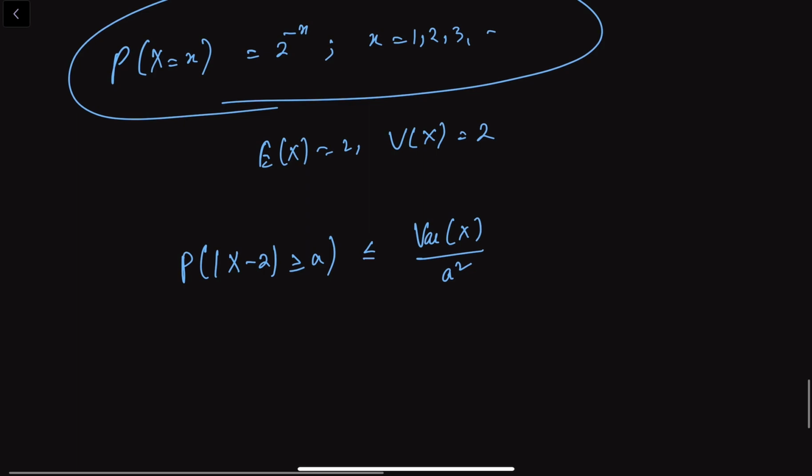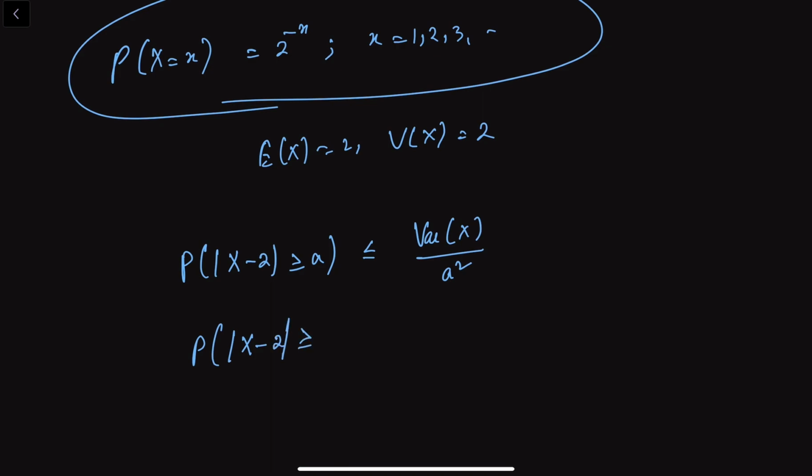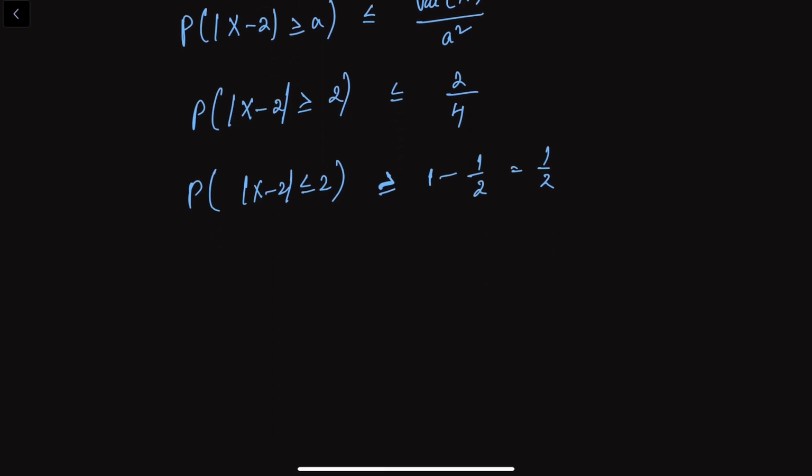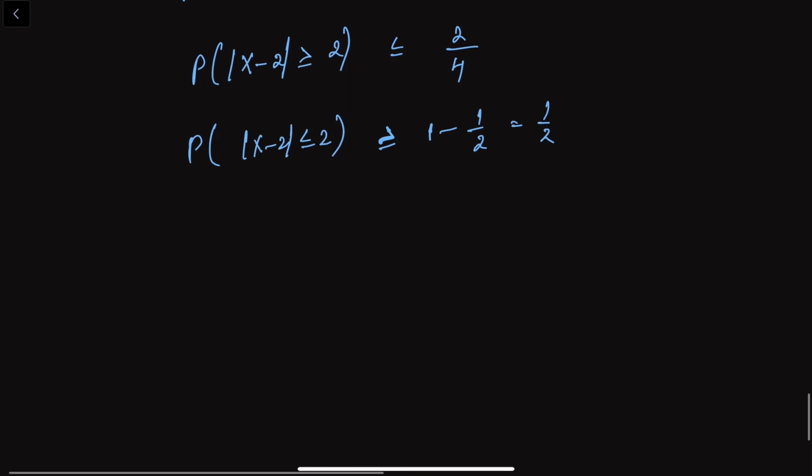If I consider a equal to 2, I took 2 because it's the expectation, that would be less than or equal to 2 by 4. So probability of mod x minus 2 less than or equal to 2 would be greater than or equal to 1 minus 1 by 2, which is 1 by 2. So Chebyshev's inequality guarantees probability of mod x minus 2 less than or equal to 2 to be at least 1 by 2.